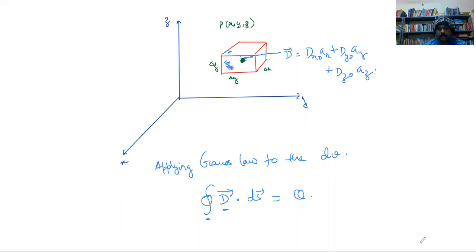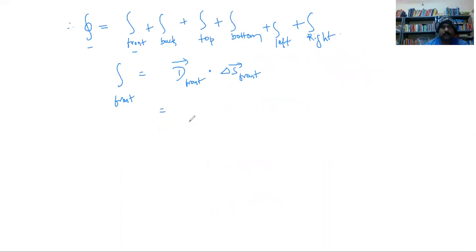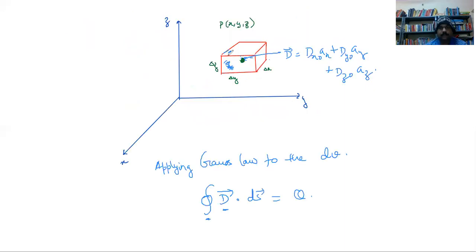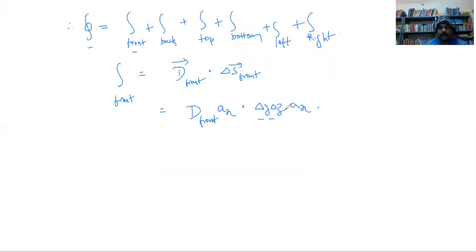Is it not? So this becomes D front dot, where delta S front means delta y into delta z into ax. So this is delta y, this is delta z. I'm interested in the front surface, hence I'm taking delta y and delta z.